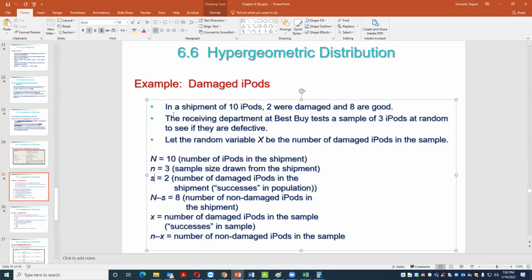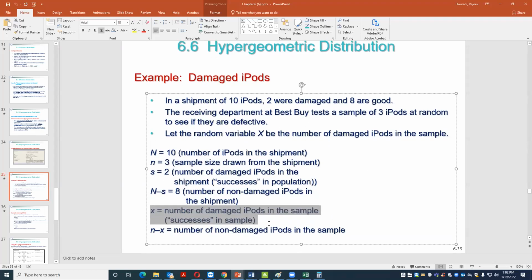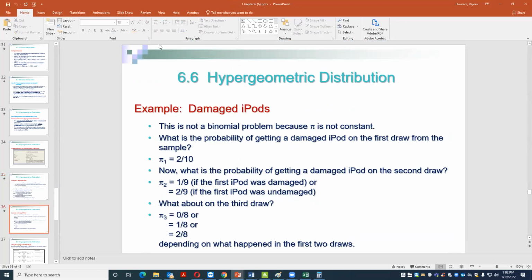Clearly there are 10 iPods in the shipment, you are taking a sample of this, success is 2, and then you are using the X. So look into the damaged iPod.